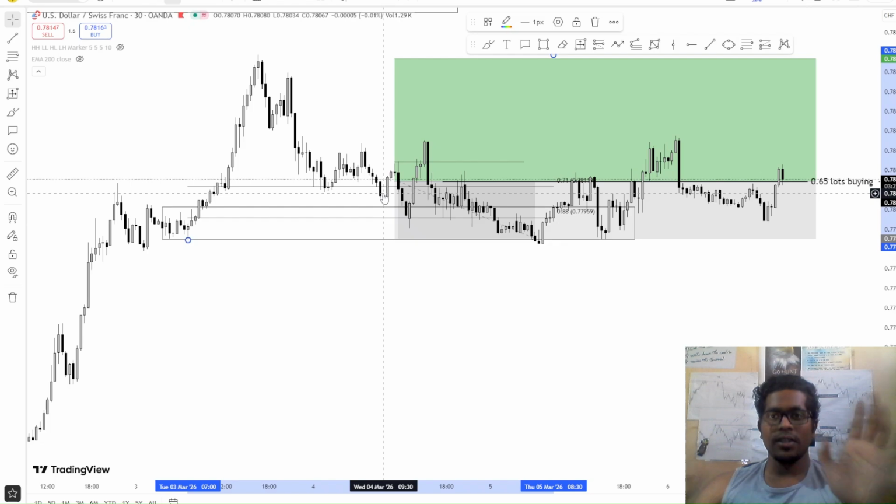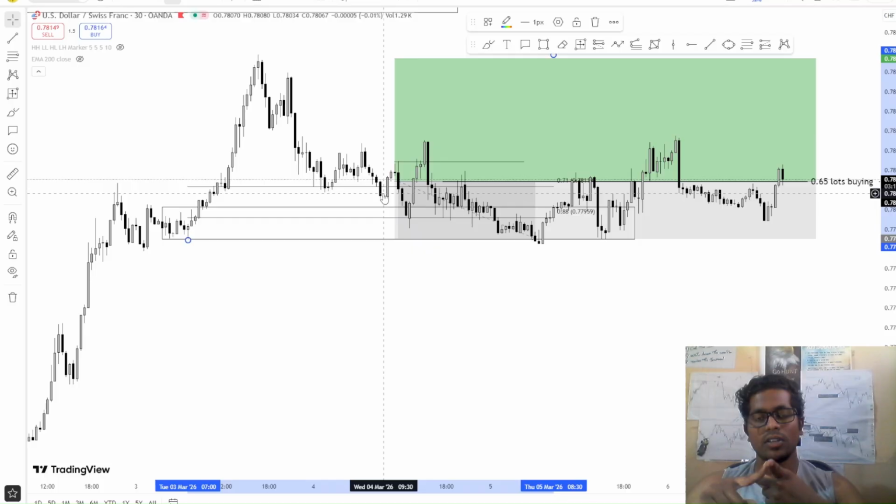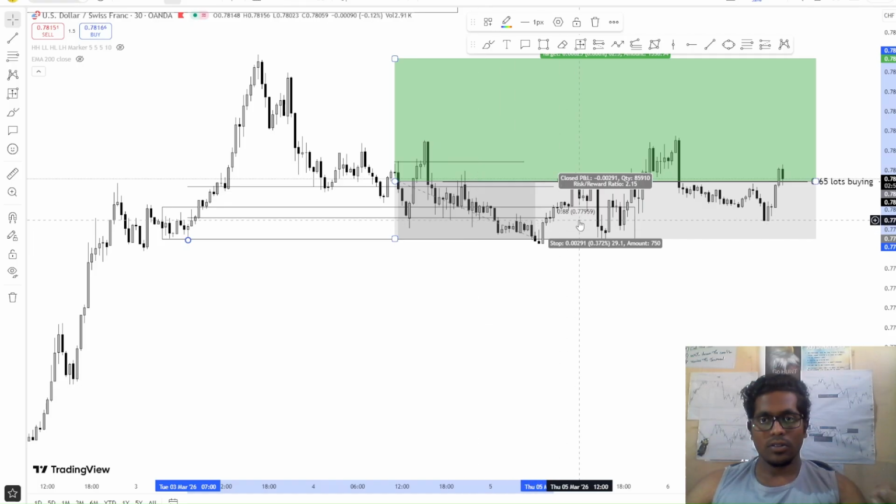Here I made a clear mistake. First thing, I was in a rush to take a trade on this USD CHF. I knew this was a good setup, but I was in a rush, which is why I did a wrong calculation. I should have calculated proper pips.